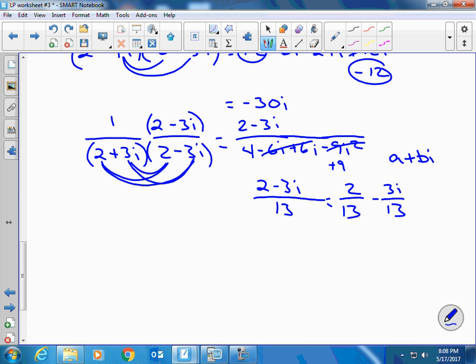Because when you add or subtract fractions, you add or subtract the tops and leave the 13 alone. So if I have two numbers on top over a single common denominator, I can split those up into the two fractions we had before we put them together. All right, I'm really close. Let's take that i and stick it off to the side. Why? Because now I know my a and I know my b, and there's my i. Standard complex number form. Your turn.